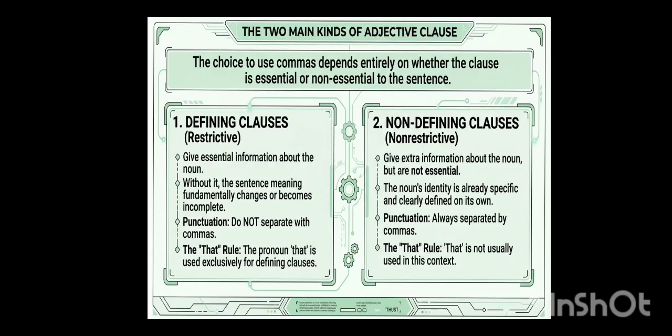And the important rule here is that you must separate these clauses with commas. Think of commas as handles to lift the extra information out. And we have the that rule here, like we had it in defining clauses, okay? Let's see what this looks like visually on the next slide.